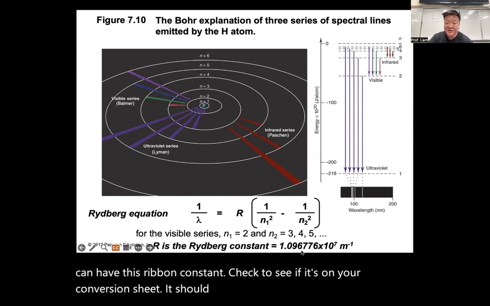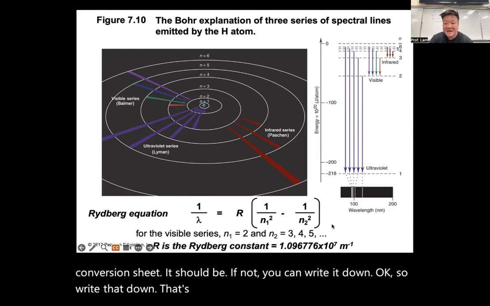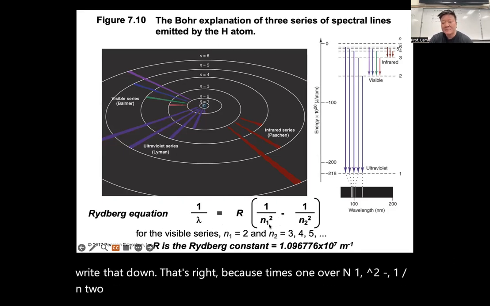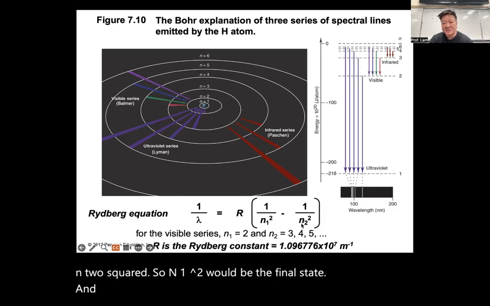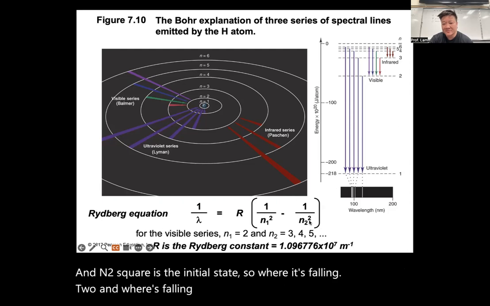It should be. If not, you can write it down, okay? That's the Rydberg constant times 1 over n1 squared minus 1 over n2 squared. So n1 squared would be the final state, and n2 squared is the initial state. So where it's falling to and where it's falling from, okay?